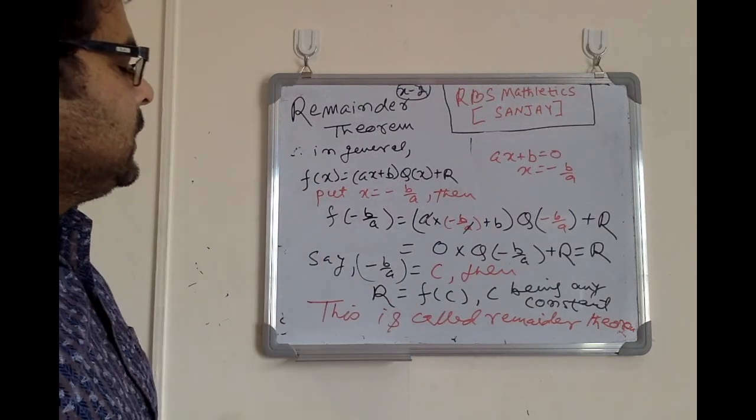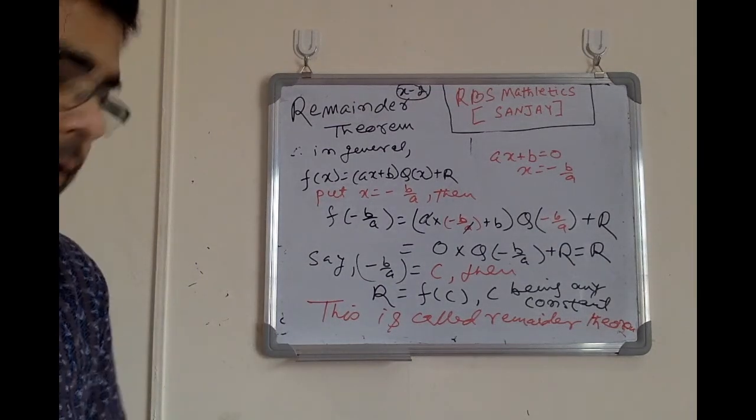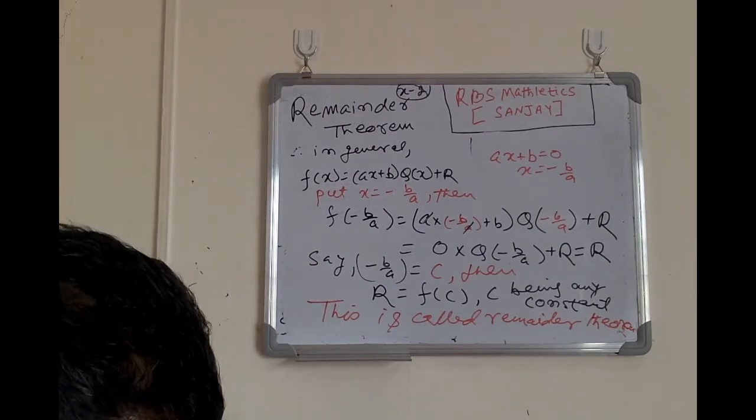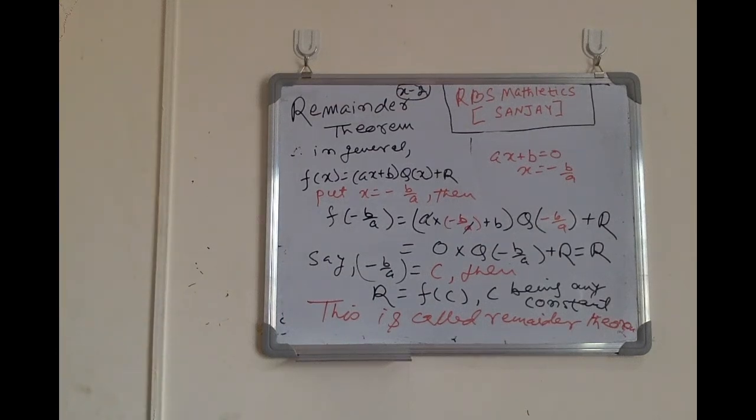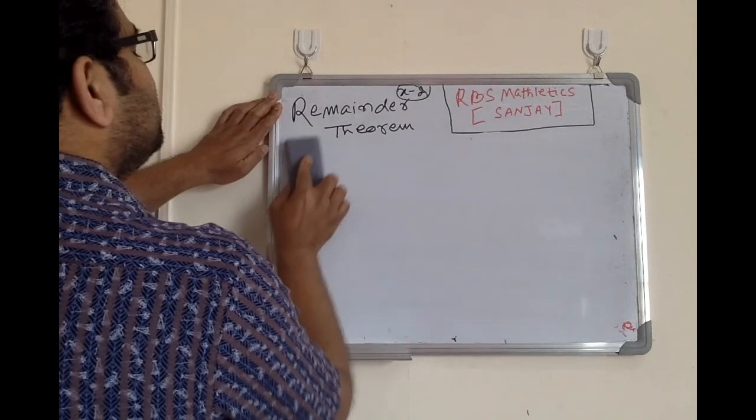Now let's deal with an example so that it will be clear how we can find the value of the remainder in an equation or in polynomial division.